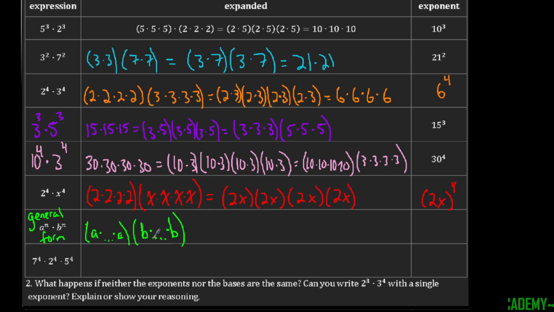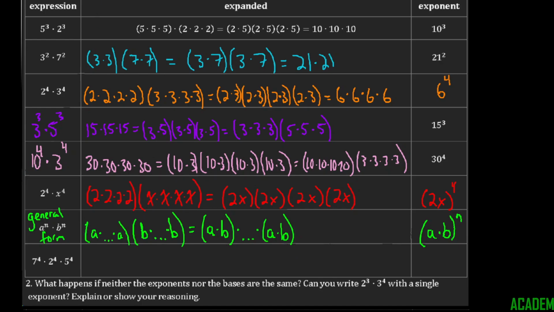So it's, however many b's we have to multiply them all out, and then we can group them together. So each of those groups is going to be a times b times however many we have, a times b. And what we can say is that's just going to be the same as a times b to the power of n. So when they have the same exponent but different bases, just keep the exponent and multiply the bases together.